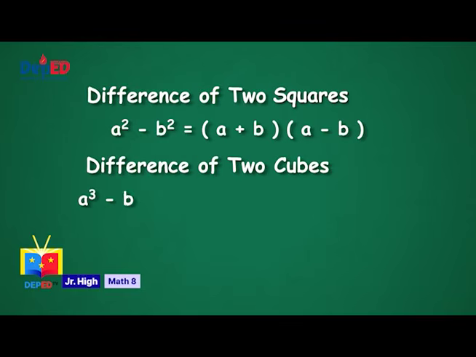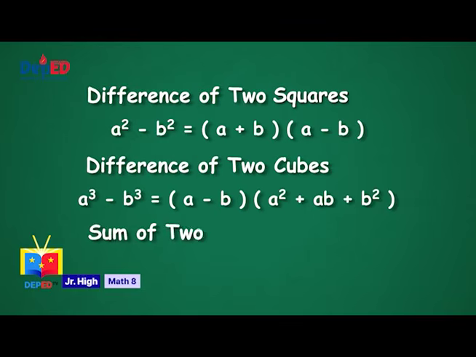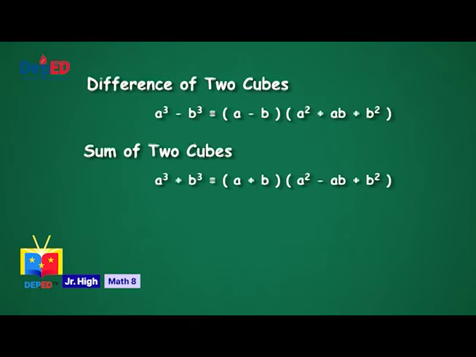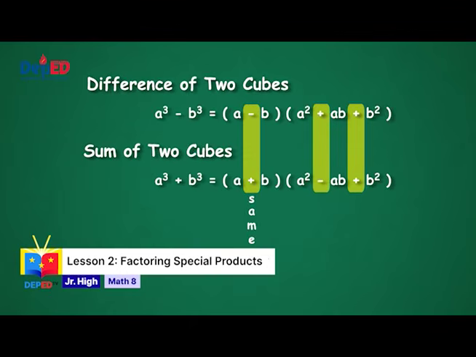The sum and the difference of two cubes are the product of a binomial and the trinomial factor whose signs depend on the given polynomial. Remember the mnemonic SOP. Same, opposite, positive, when writing the signs or operations in factoring these special products.